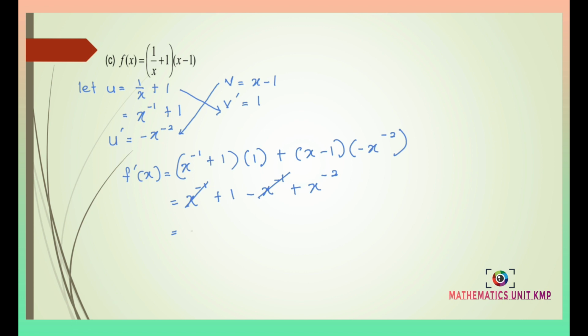And what we get is just 1 plus x power negative 2. We can write the answer like this also, 1 plus 1 over x squared. Okay, this is the last answer.